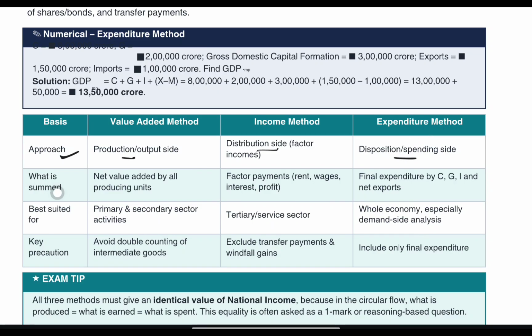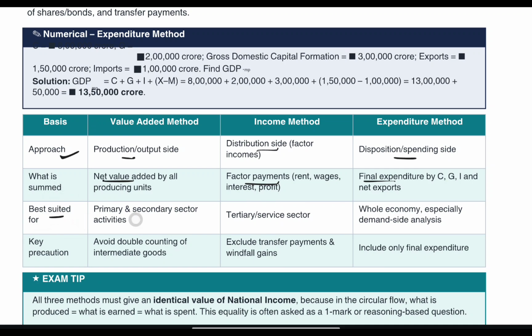What is to be summed in all these? In the value added method we sum up all net values. In the income method we sum up all factor payments. In the expenditure method we sum up all final expenditures.